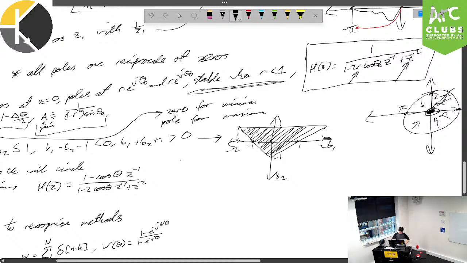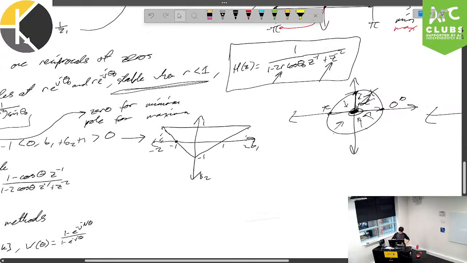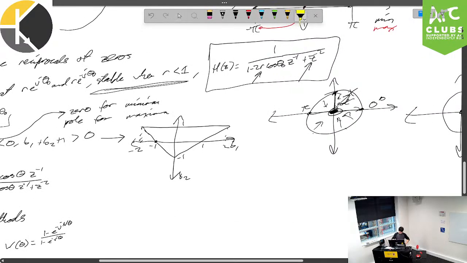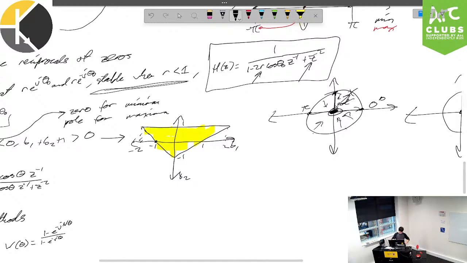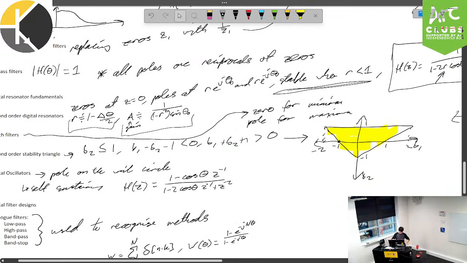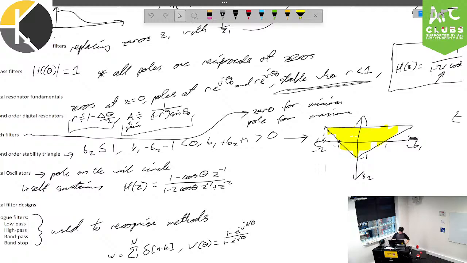Especially for B1 and B2 when we're only dealing with them, okay? So let's just color in the circle a little bit, sorry, triangle. And yeah, so just by recognizing that your coefficients lie within that triangle, we can very easily identify that, okay, within certain regions, we're going to have barely stable, where it turns into an oscillator, and then truly stable, where it's just a resonator, okay?